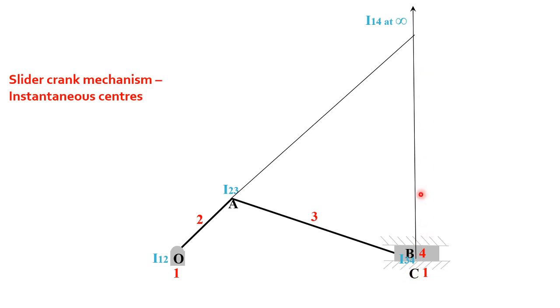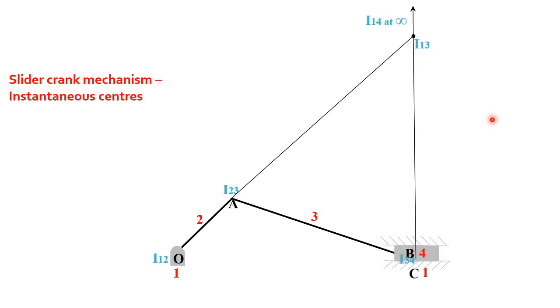This direction represents that line from I34 to infinity. So we are drawing it. If you don't have sufficient length for your line, you have to extend it to meet this line. But this line has sufficient length, that's why okay. So these both are meeting at some point, and that will be your I13.